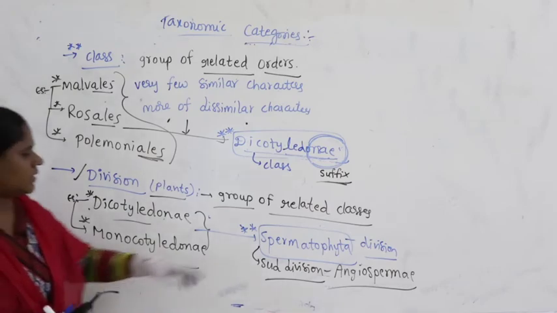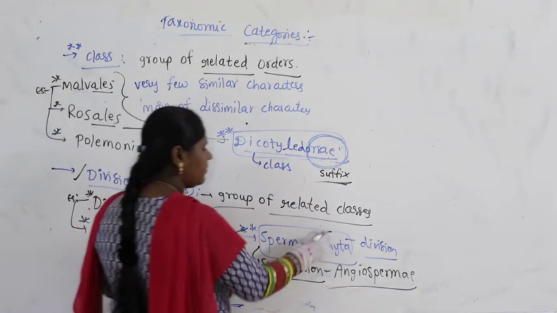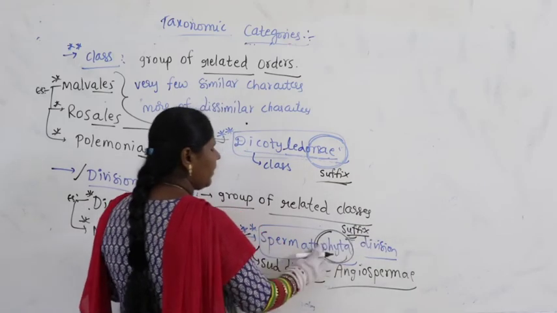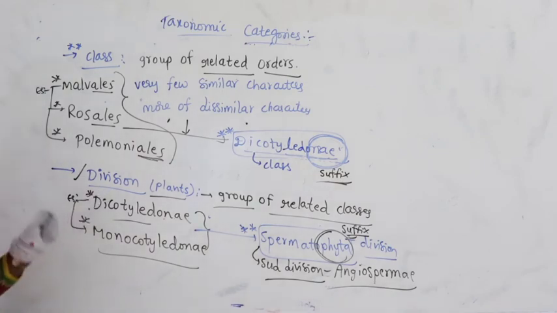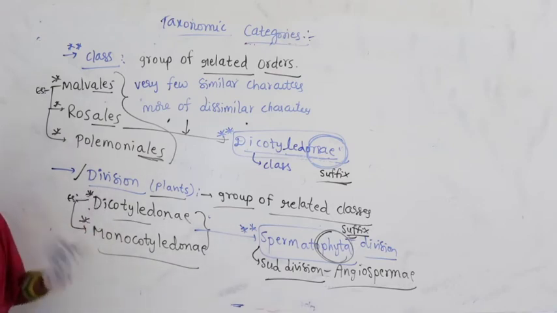Spermato is Spermatophyta, and phyta is the end suffix. Whenever any term ends with phyta, that is a division. Bryophyta, Pteridophyta, these are all divisions which we are going to study in the coming chapter.